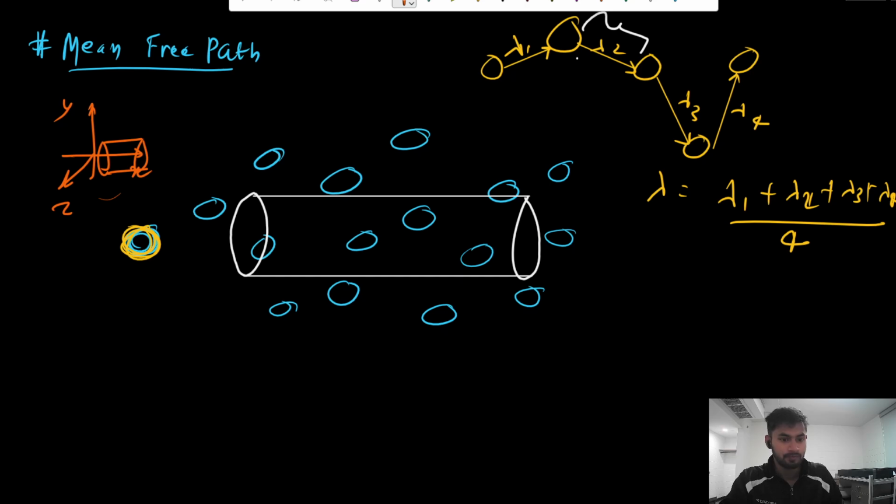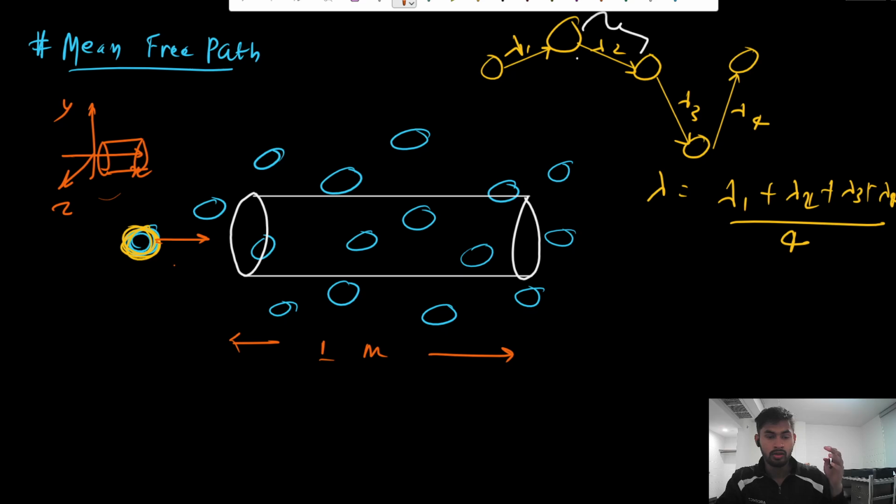If this particle is going to move in the positive x-axis, then we know that the possible collision happens when the particle is within a distance of 1 meter, and the collision for the mean free path would happen only in this box.